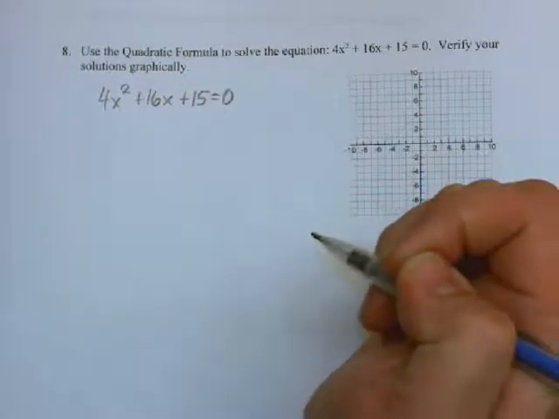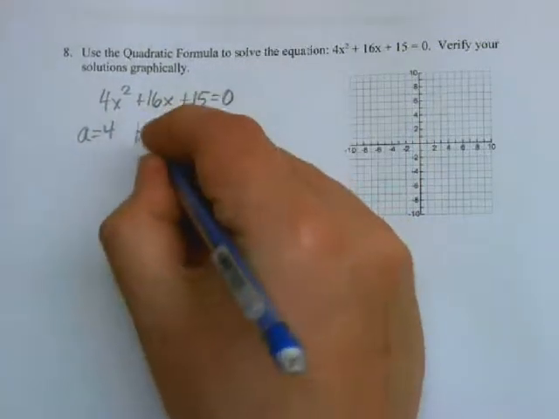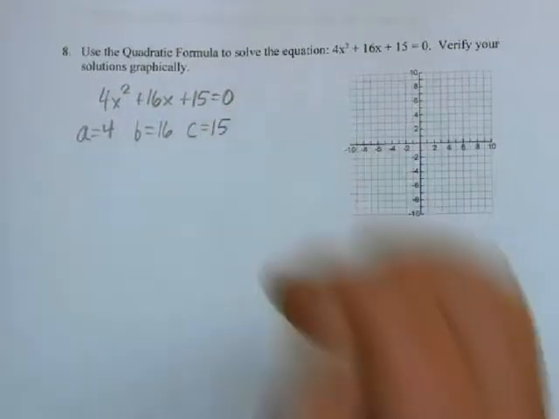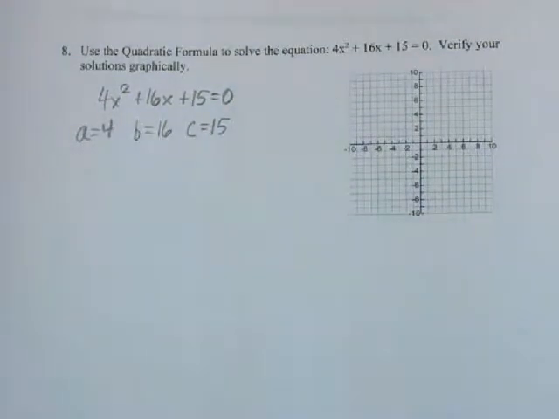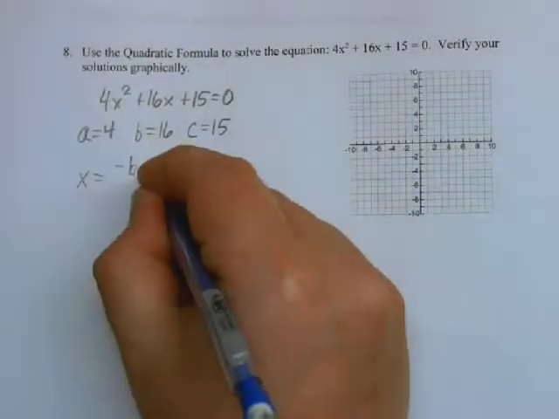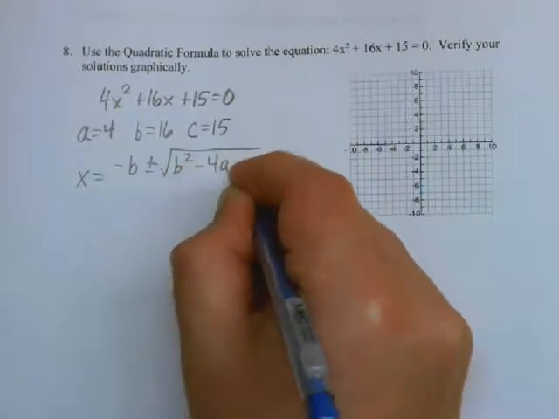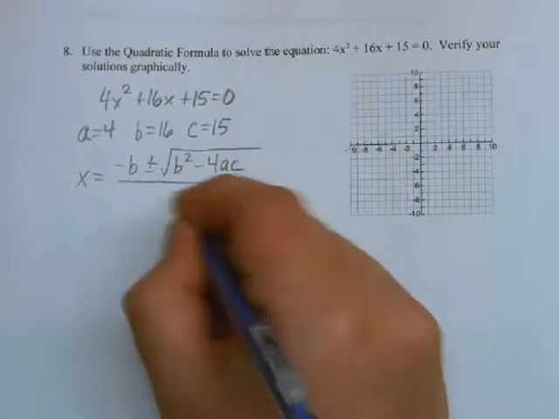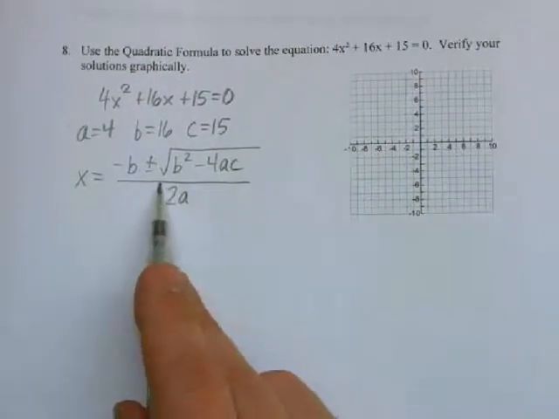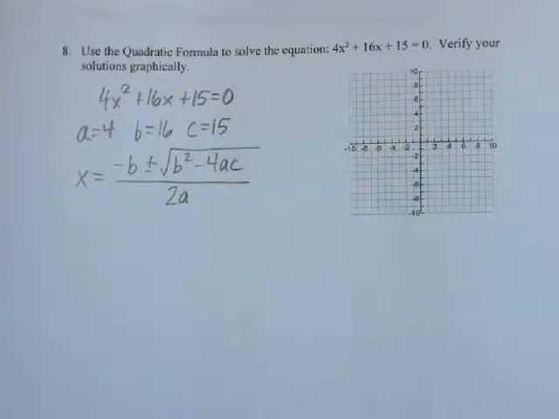So here we see our a is 4, our b is 16, and our c is 15. And here's the quadratic formula. Make sure that your division bar goes all the way to the negative b, because that is also divided by the 2a.